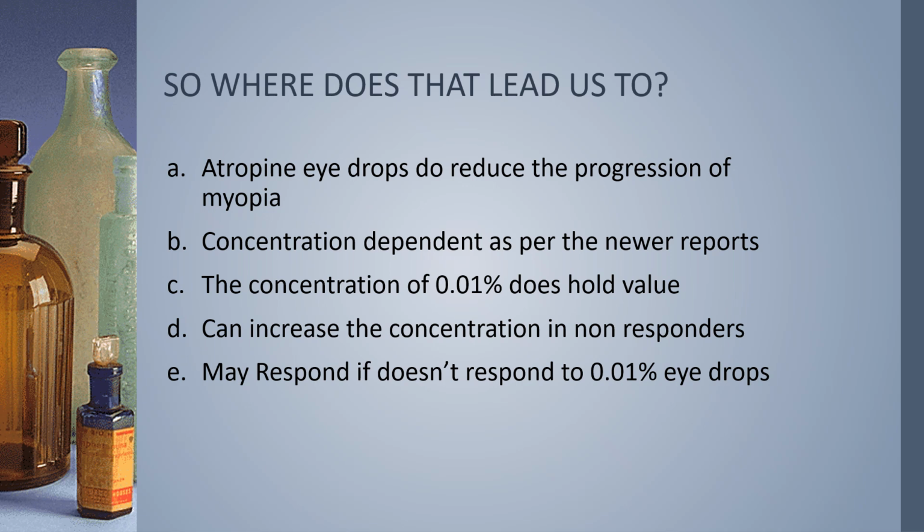Well, we did our own work, and we had presented that 3 years back at AIOS, showing that increase of concentration does result in response. There has been at least one article where they have suggested that if the power is increasing much more rapidly, up to 0.75 diopters, they can be put on atropine 0.05%. That is from RP Center.